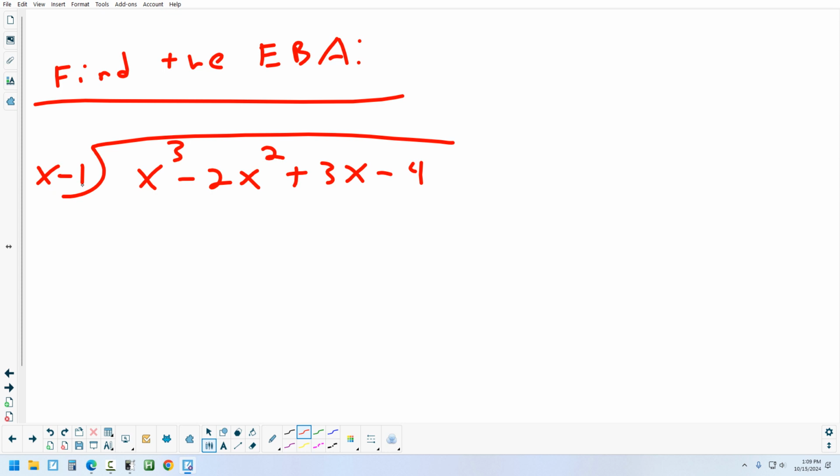Find the EBA. Can we do this one on our own? Sure, you can try it. Remember that EBA means you're trying to find the quotient. So when you do the long division, we want to know the quotient.